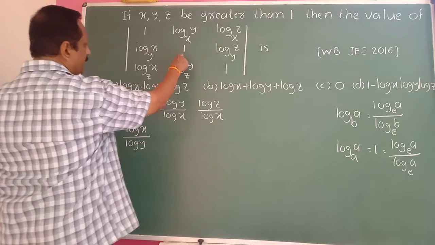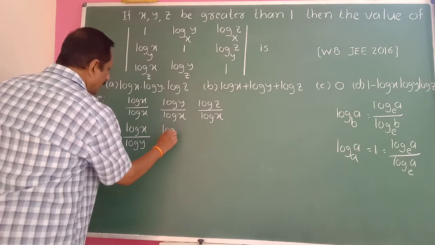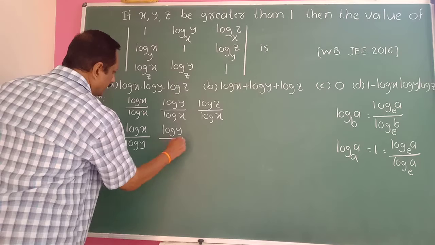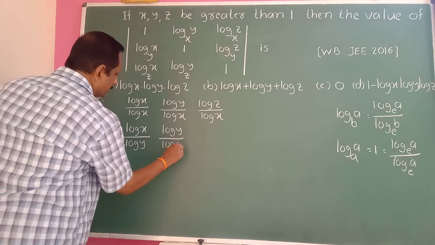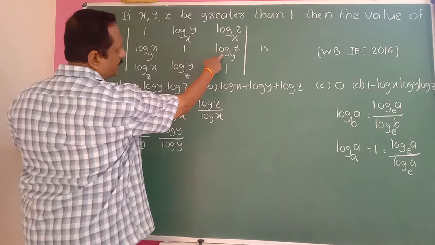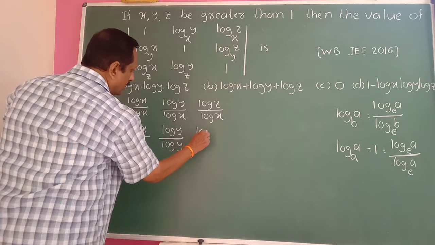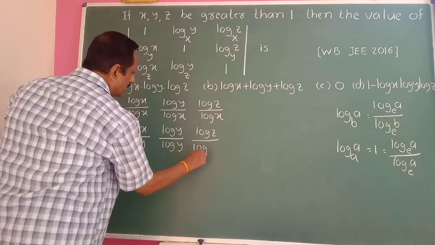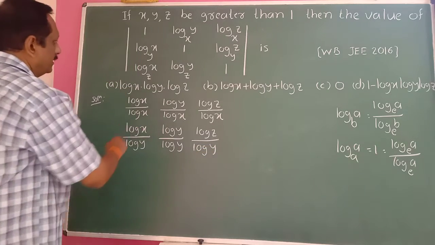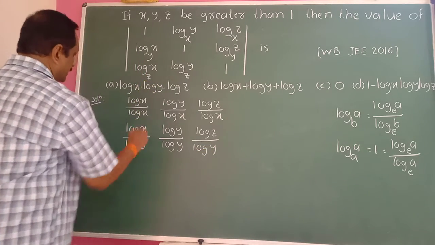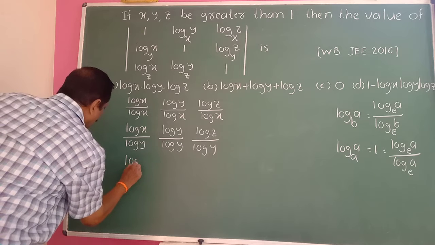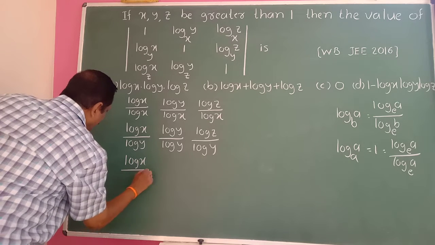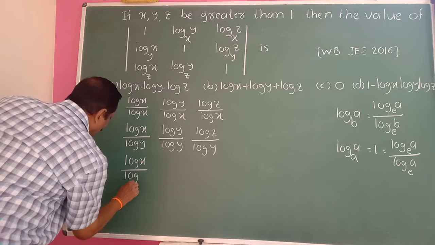and this 1 can be written as log y divided by log y, and log z to the base y is log of z divided by log of y. Log x to the base z is log of x divided by log of z.